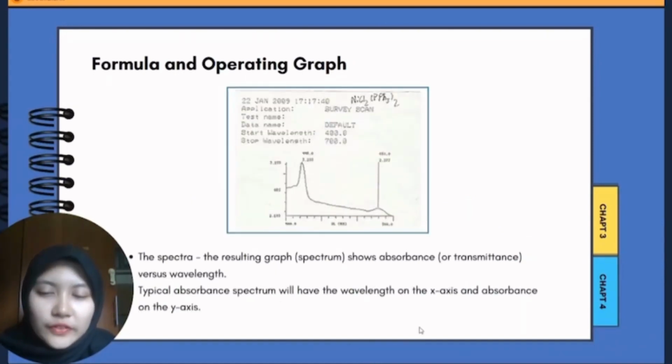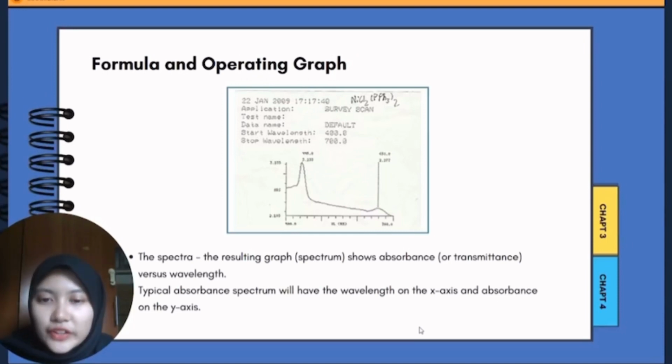Next is the operating graph. As for the spectra, the resulting graph, which is the spectrum, shows absorbance or transmittance versus wavelength, and the peak in the spectrum corresponds to the wavelength at which absorbance occurs, where a typical absorbance spectrum will have the wavelength on the x-axis and absorbance on the y-axis, and peaks in the spectrum indicate the wavelength at which the sample absorbed light.